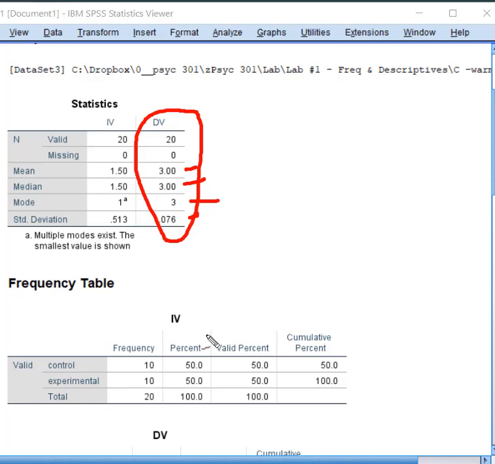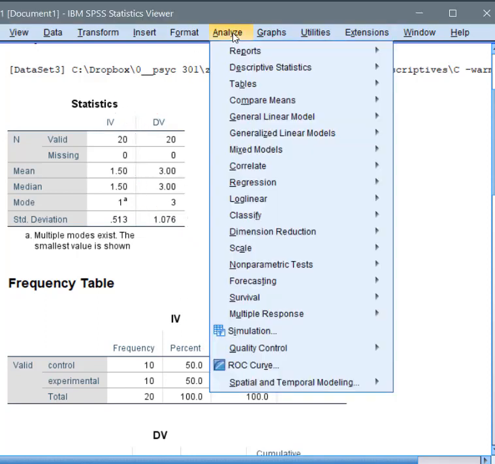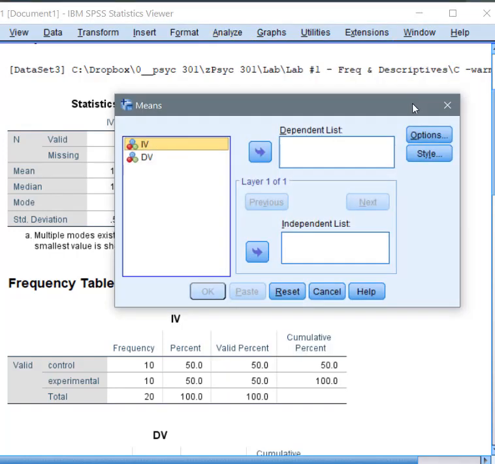And then question 5, it asks you to use compare means to compare the two conditions. Report the mean and standard deviation for each group. So now I'm going to go up to Analyze, Compare Means. The independent variable is going to go, shockingly, in the independent variable box.